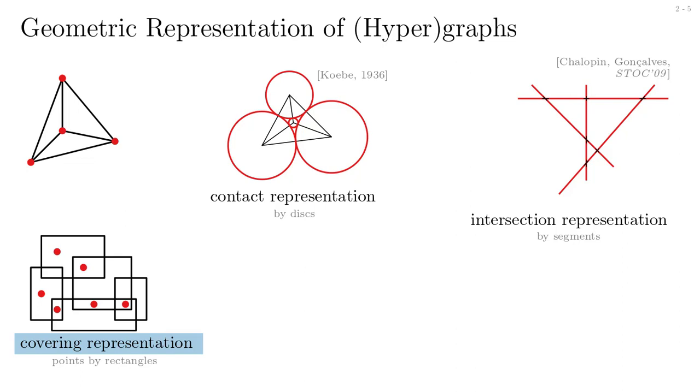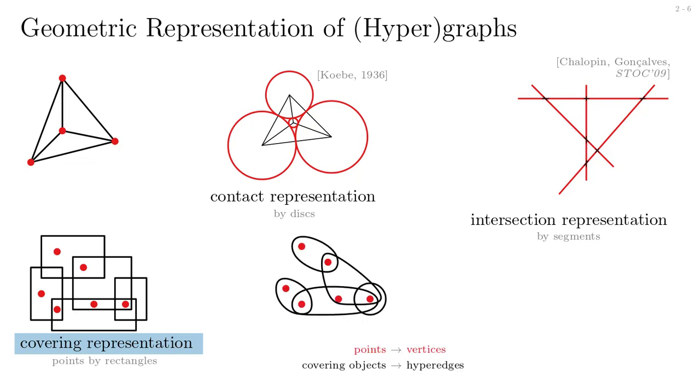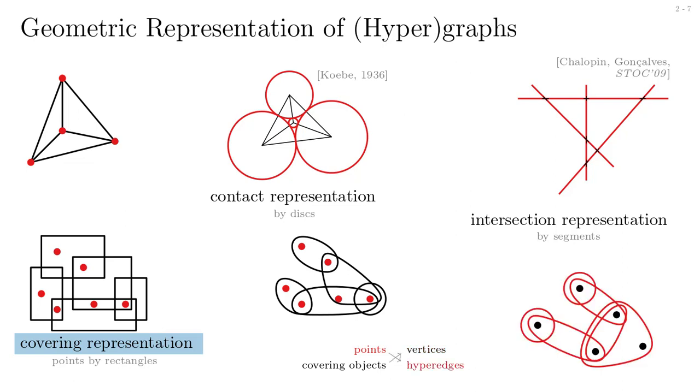Here in this example, a set of points are covered by rectangles. Each such instance, or any other instance of covering representation, can be represented as a hypergraph, where points are vertices of the hypergraph and covering objects are hyperedges. Or the other way around, where points are hyperedges and covering objects are vertices.